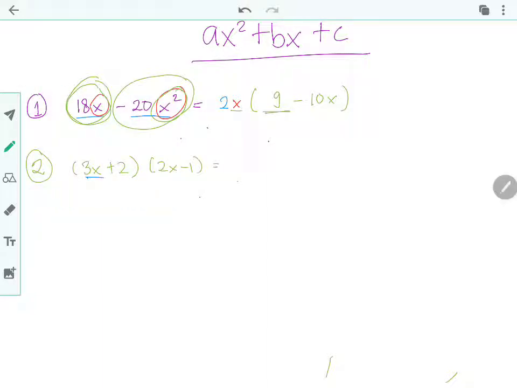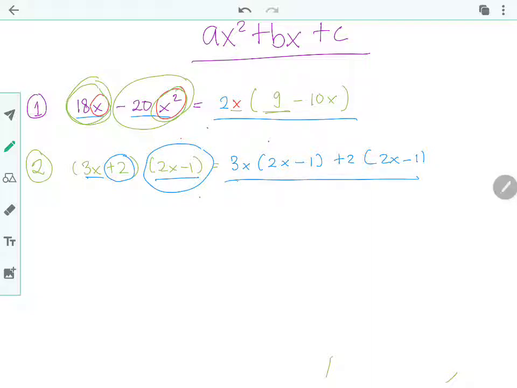So 3x multiplied by 2x minus 1, and then plus 2, again we multiply with 2x minus 1. This is actually grade 7 material, so I will not explain it further, but just remember, before you can factorize this kind of form, you need to be able to do these two skills first.